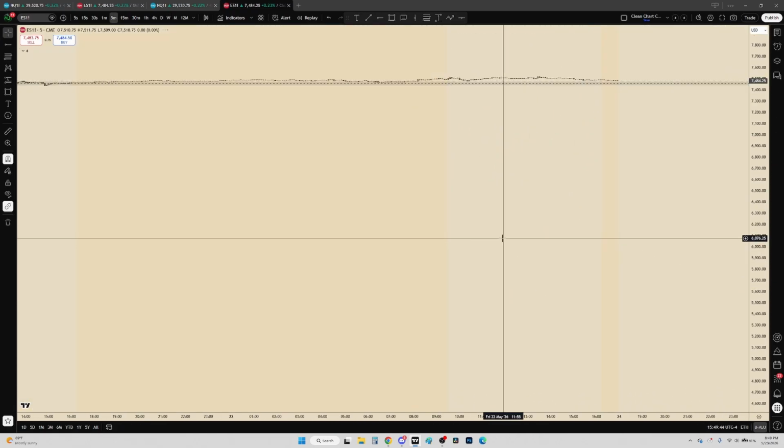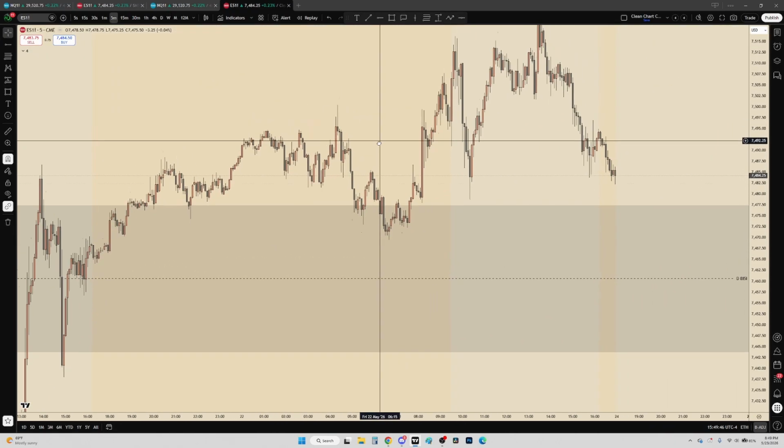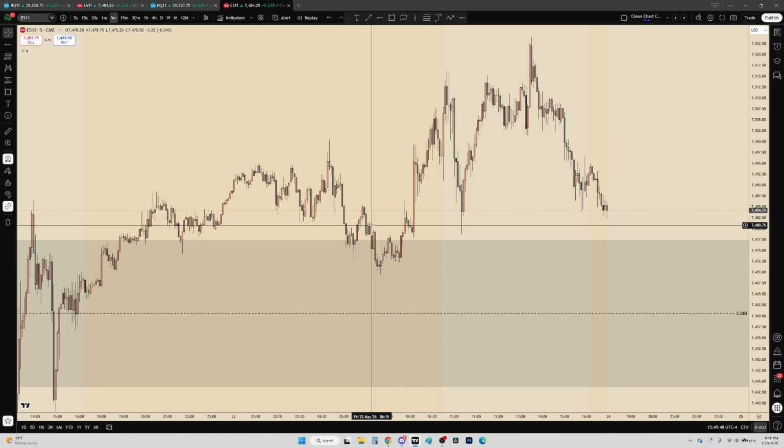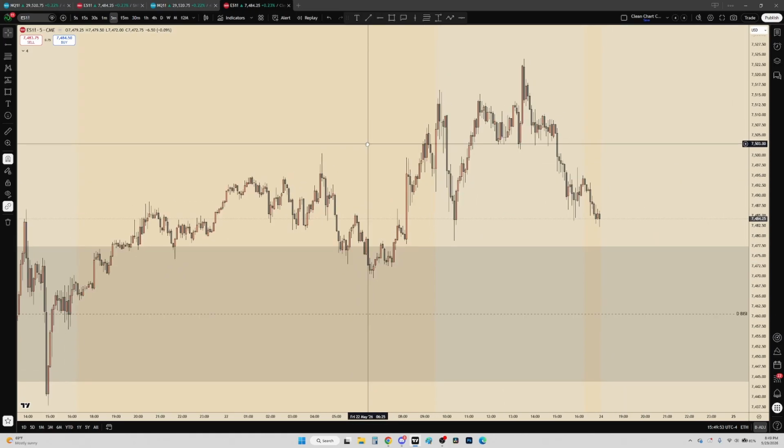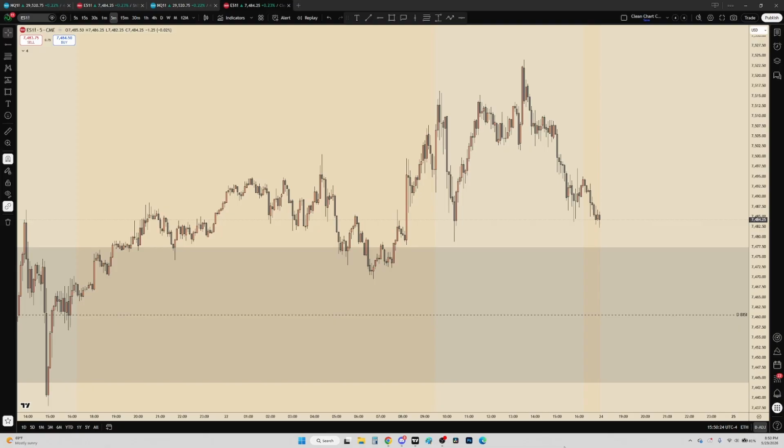Price is fractal. But again, as long as you keep in mind that the higher time frames will dictate what the lower time frames do, that's all you need to keep yourself out of trouble. You can trade opposite to what the higher time frame is telling you, but those moves are usually short-lived. So let's say if the higher time frame is bearish, you can take a bullish trade, but it's pretty risky because you're trading opposite to what the higher time frame order flow is.